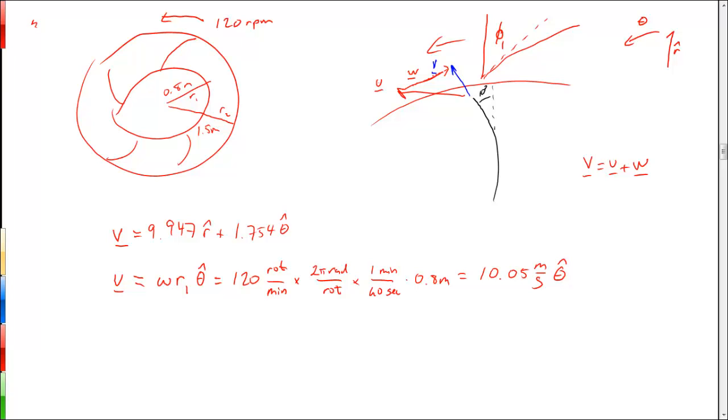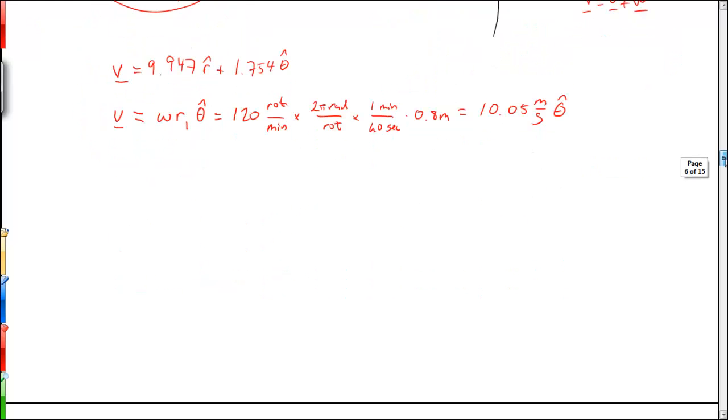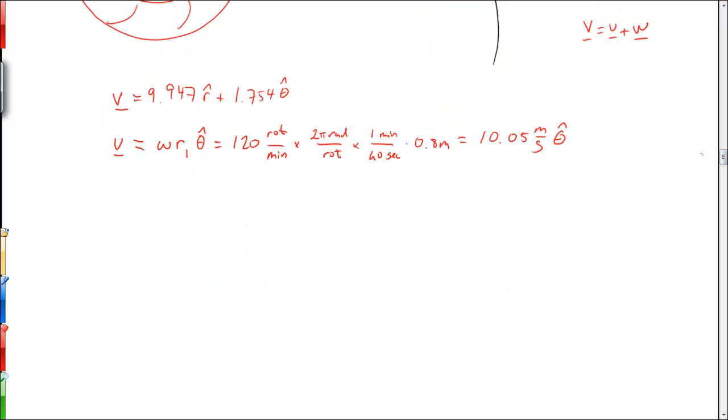Now we know from our vector triangle up here, which I haven't drawn particularly well, but U should be straight to the left here, and so it's clear that actually U should be straight in the circumferential direction. So let me redraw those just so that we're completely clear on what's going on with our vector triangles. Let me scroll down just a bit here.